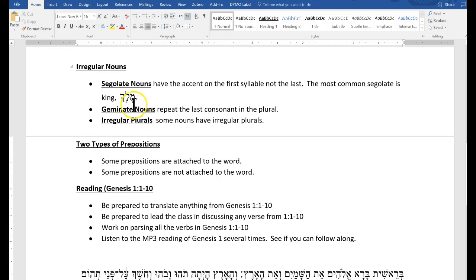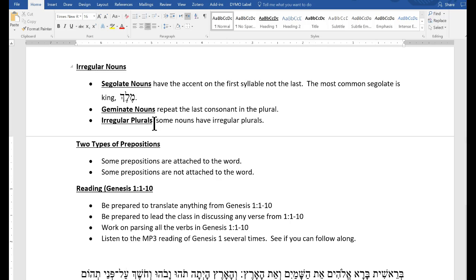Geminate nouns have to do with the word twin. When you make a geminate noun plural, often that consonant is doubled. And then you have some irregular plurals where it's a masculine word, but it looks like a feminine plural. There are rules, and Futato is very good.